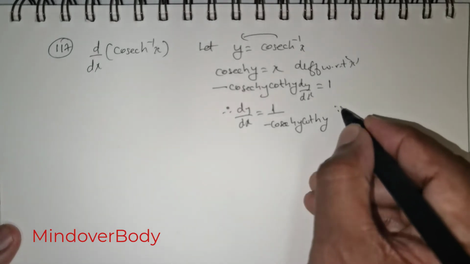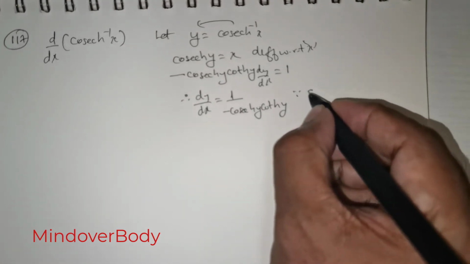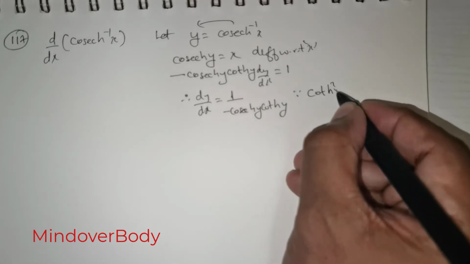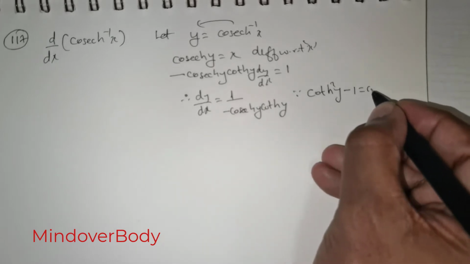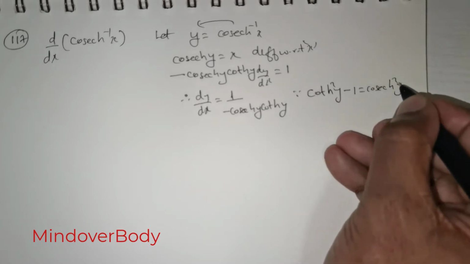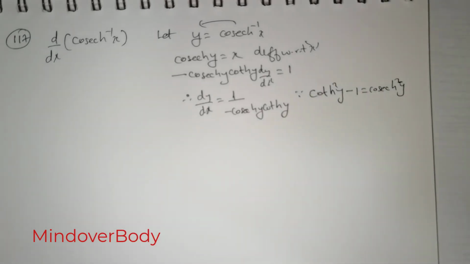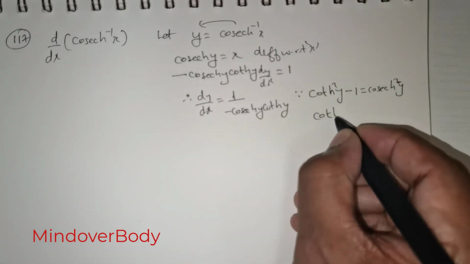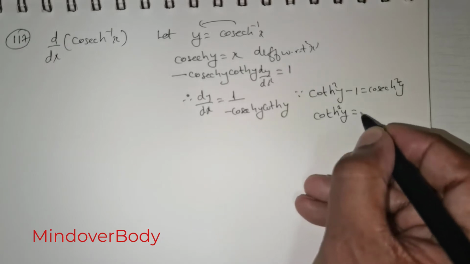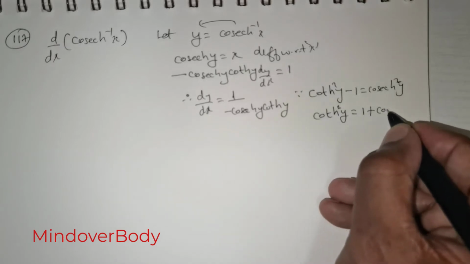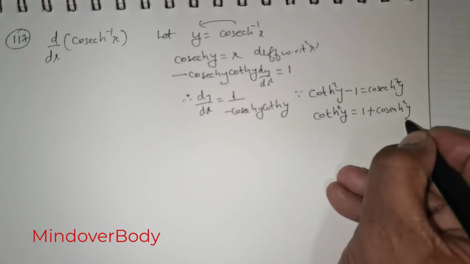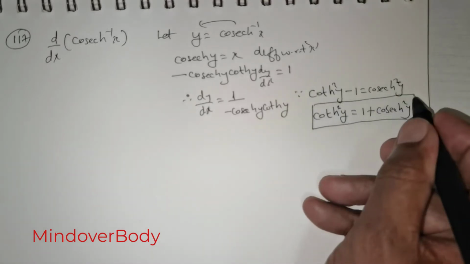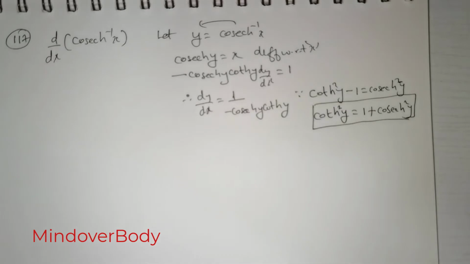Now what I wish to do is I would like to replace cot. So let me write the formula down. Hyperbolic cot squared y negative 1 is equal to cosec squared y. So this is a formula which we would be using. So from here, if I were to write cot, hyperbolic cot squared y, this is going to be 1 positive cosec squared y, right? So I want to take this and substitute here.